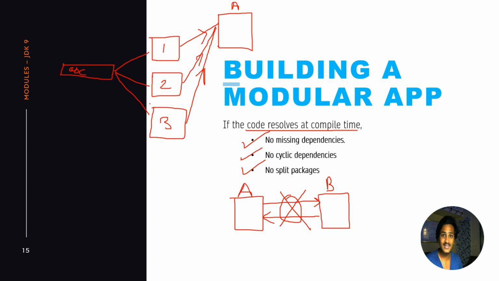And this is what is prevented when you are building a modular application. With the introduction of JDK 9 modules, it specifically needs to be mentioned which package is required by which module and which package should be exported to which specific module in the code.